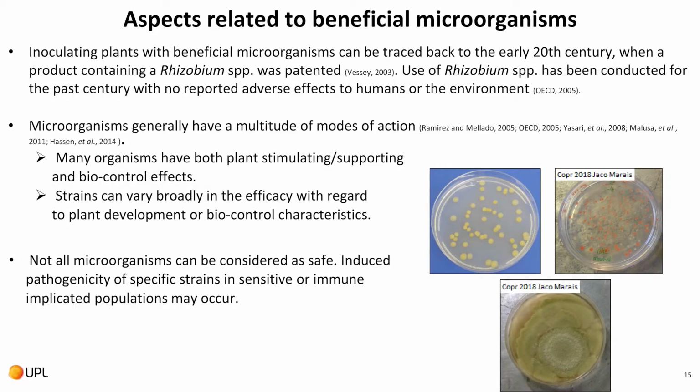It takes a lot of resources to get the correct strain for the product you want to develop and you want to position into the market. Then something to consider is that not all microorganisms can be considered as safe. There are some of them that have induced pathogenicity of specific strains in sensitive or immune-compromised populations. This, I think, is rather important, especially from a South African point of view.